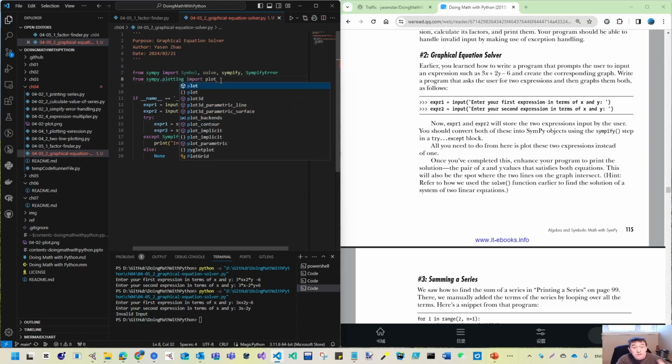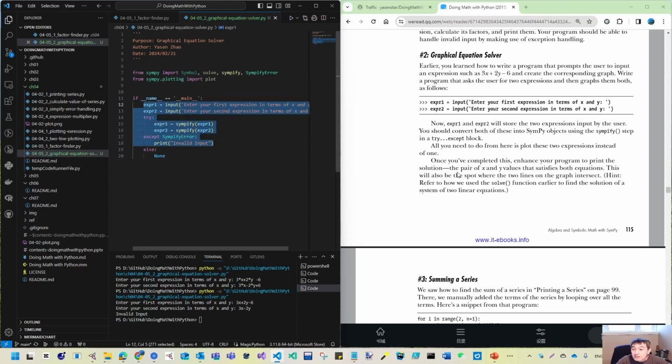That is enough for that. So we have our expressions read in. Now let's see how we can first plot those expressions. We are going to do this in the else.